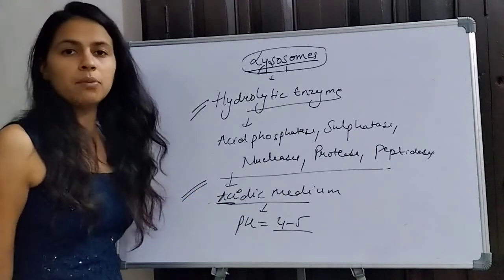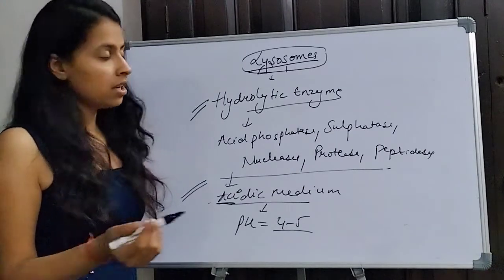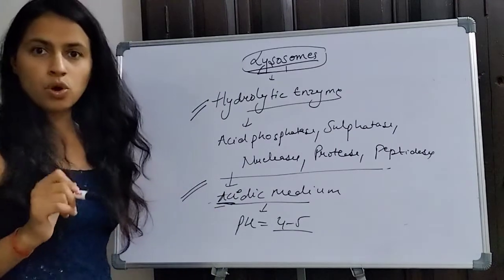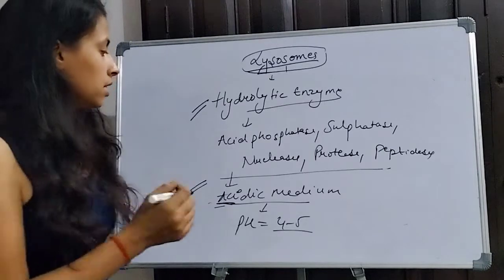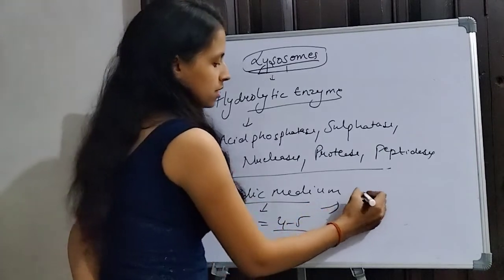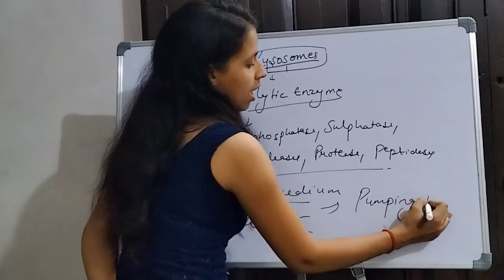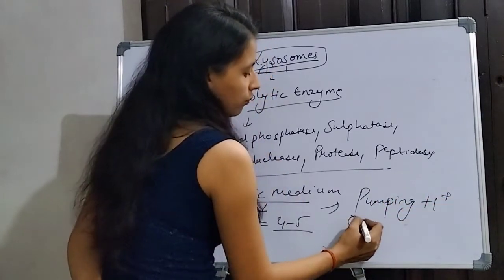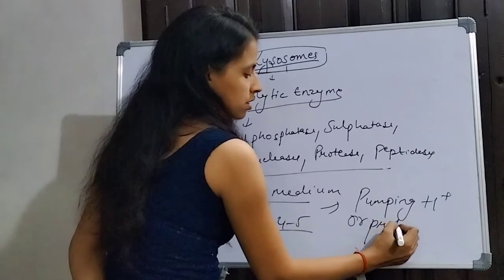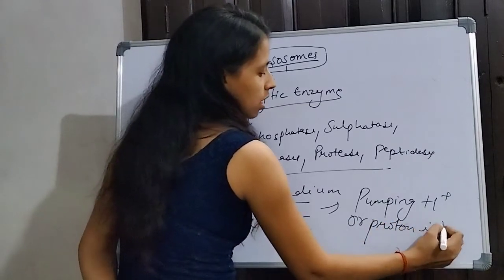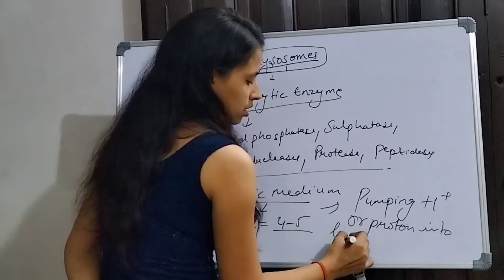The acidic medium of lysosomes is created by the pumping of hydrogen ions, or we call them protons, into the lysosomes.